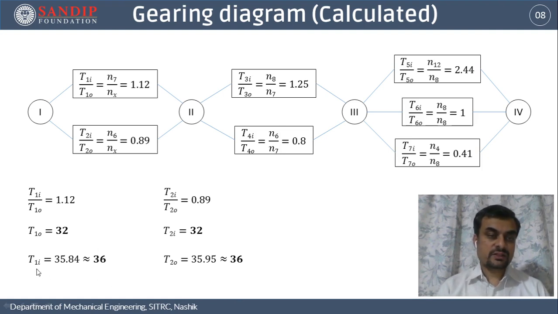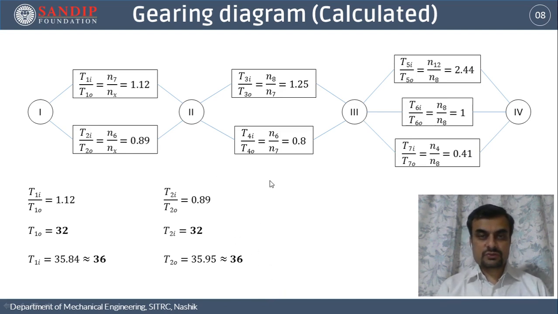Third guideline, that the difference between number of teeth on adjacent gears on a change gear block should be 4. We have 36 and 32. So the third guideline has also been met. So the calculation for the first stage is over.